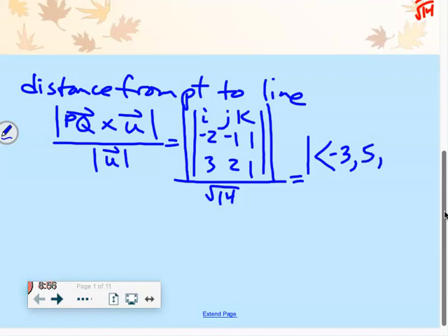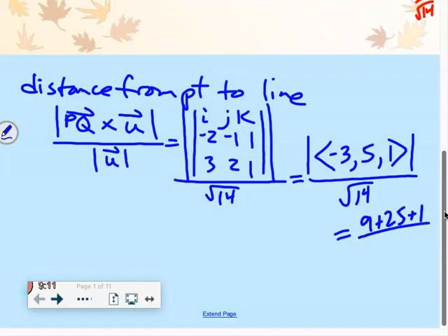Negative 2 plus 3 is positive 1. So let's do the magnitude of this. You end up with 9 plus 25 plus 1, and we have the square root over 14. So we end up with root 35 over 14.